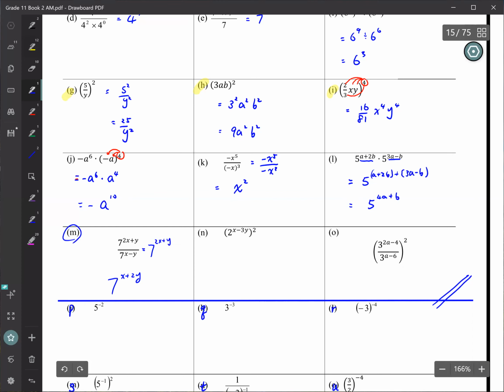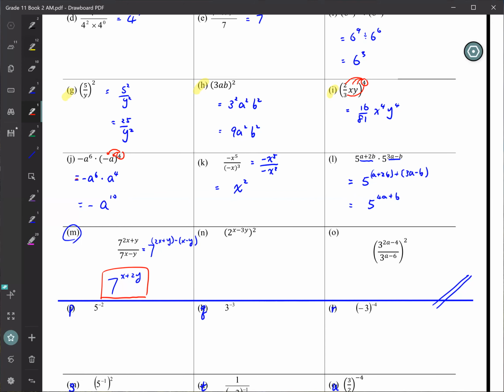So it's 2x plus y subtract x minus y. Okay, so the reason why you get a 2y is because y subtract a negative y makes it plus y. Okay, so it should be 7 to the x plus 2y.